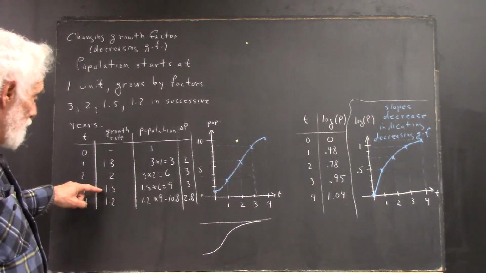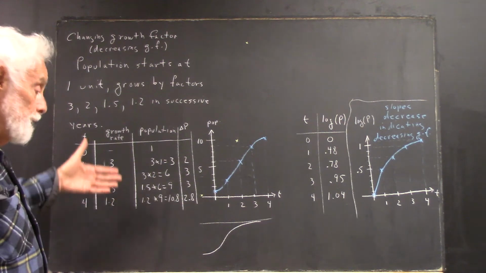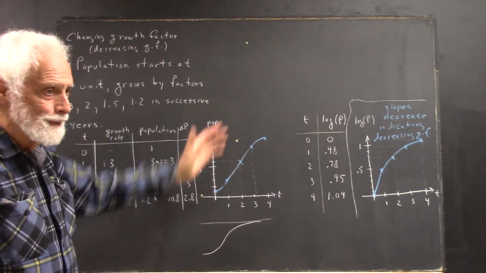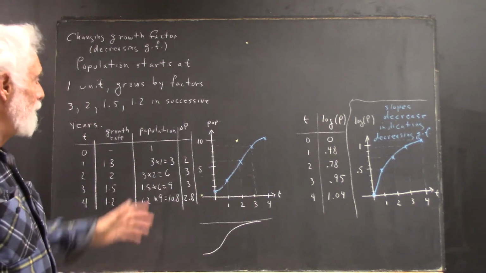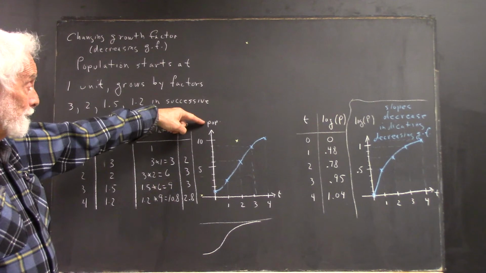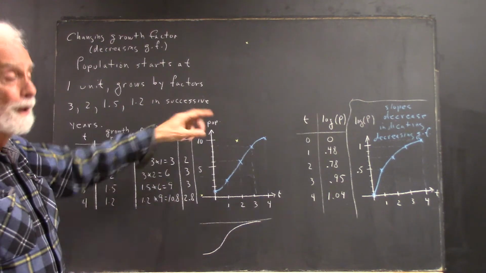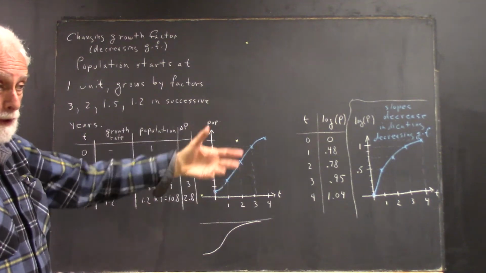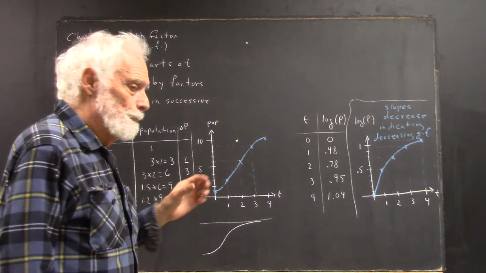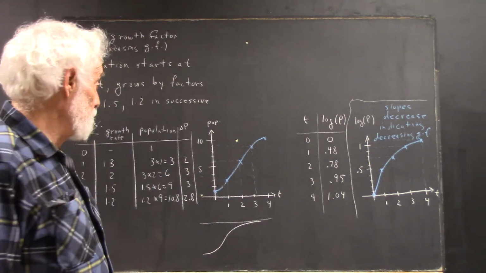And then drops to 1.5, then it drops to 1.2, and hopefully it goes into numbers less than 1, which will cause the population of infected people to decrease. Okay, so your population here would be the population of infected people, not the population of the world or the country or the state or the county, but the population of infected people in whatever region.